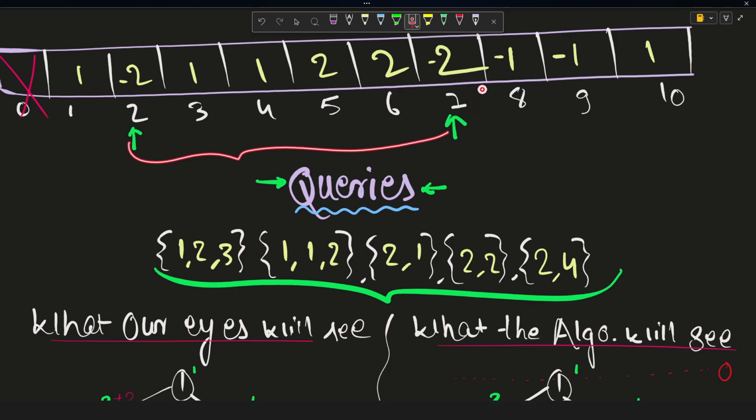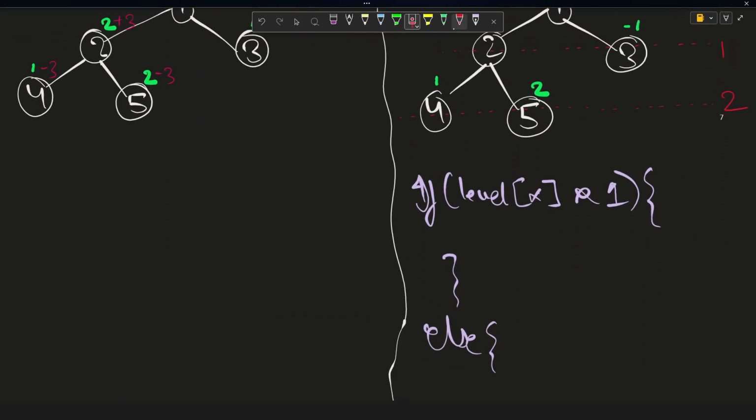Whatever operation I apply, I will only apply to this particular range. This is our left index and this is our right index, so I will say t.update from the left index to the right index.